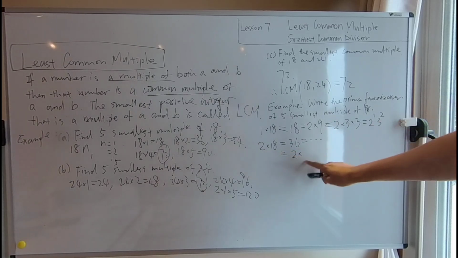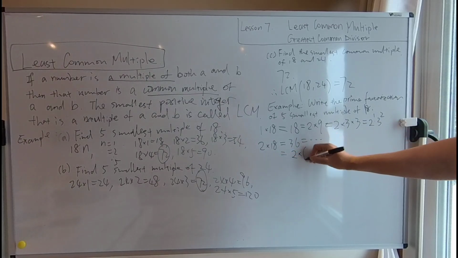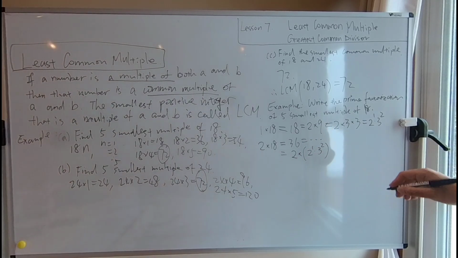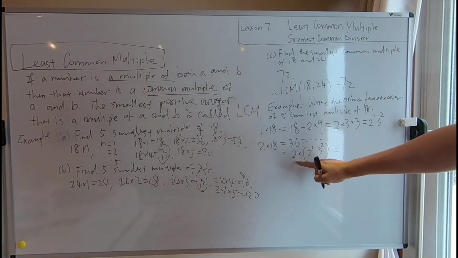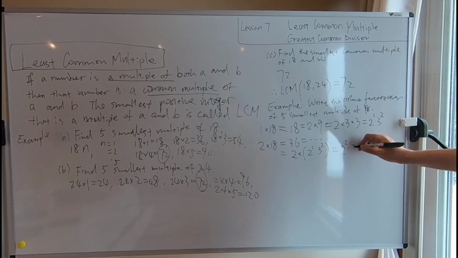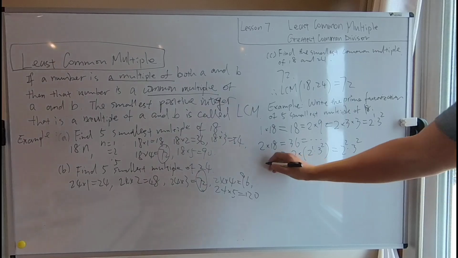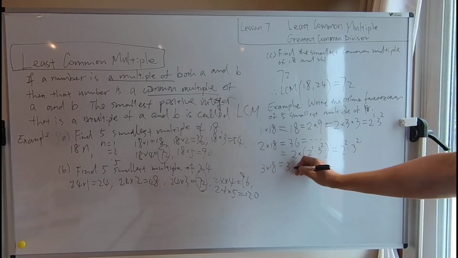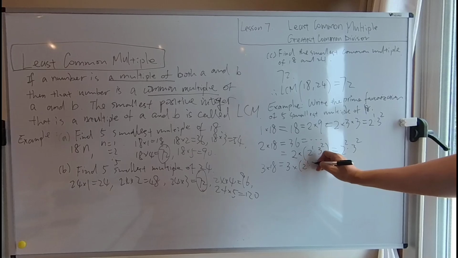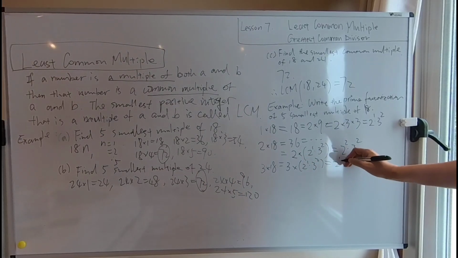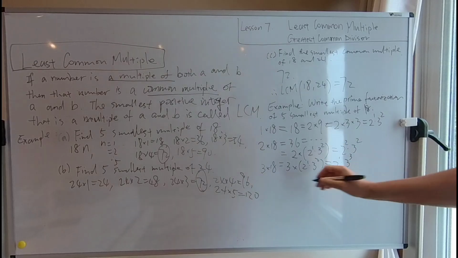So it's simply 2 times the known combination from 18, which gives two twos, so it's 2 squared times 3 squared. Similarly, 3 times 18 is 3 times the known breakdown of 18, so it's 2 times 3 cubed.